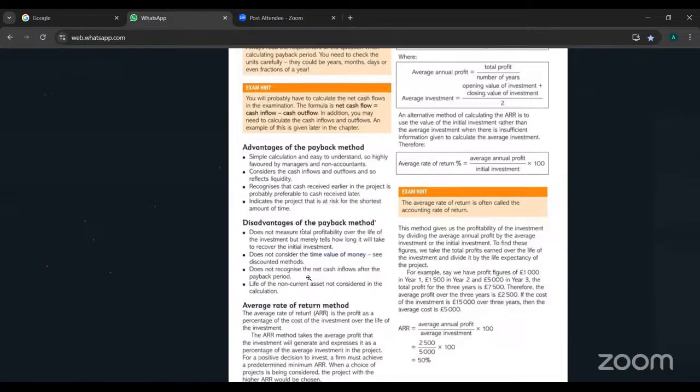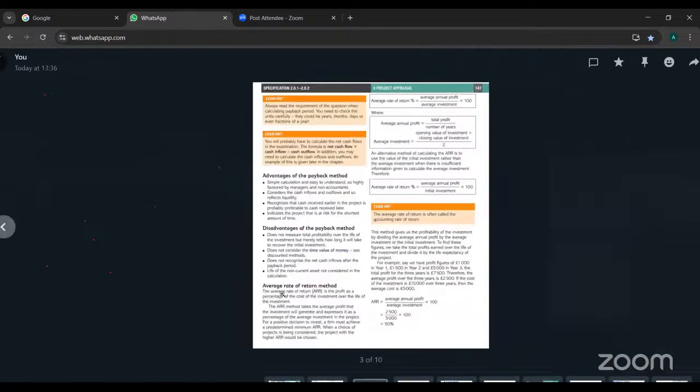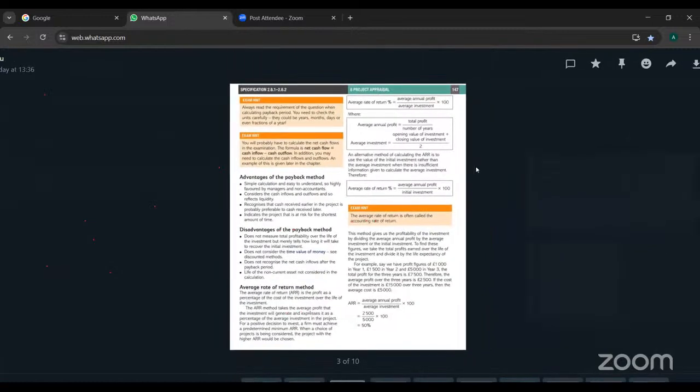Now let's study average rate of return. So average rate of return, or we can call it accounting rate of return. So they can give both the words. Okay. So that is the percentage return expected from a capital investment project compared to the initial investment.